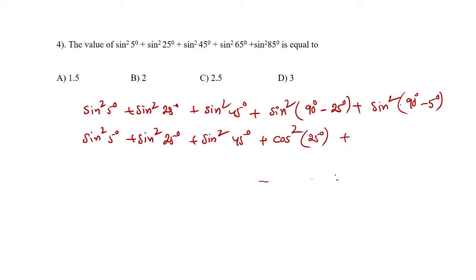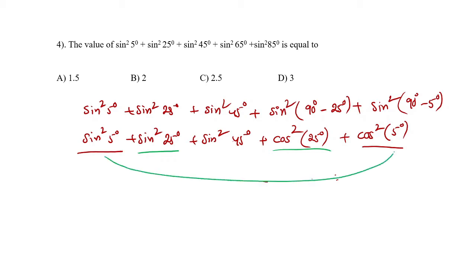Again the same: sine square of 90 minus theta means cos square theta, so cos square 5 degrees. Sine square 5 degrees and cos square 5 degrees, the value is 1. And here sine square 25 degrees and cos square 25 degrees, the value is 1.